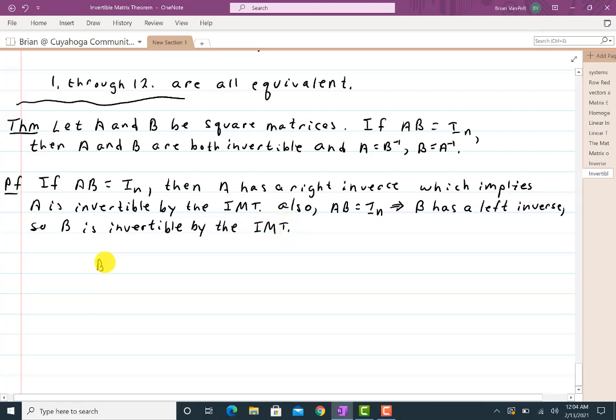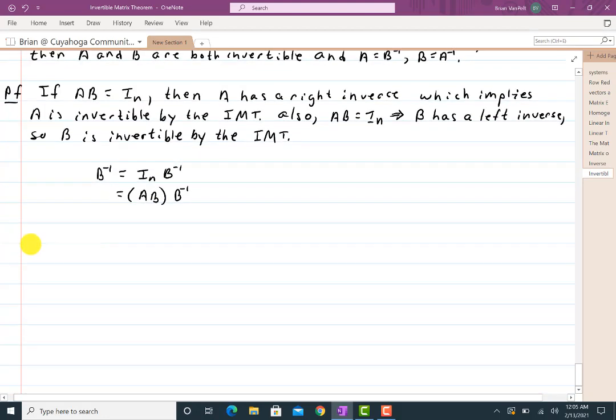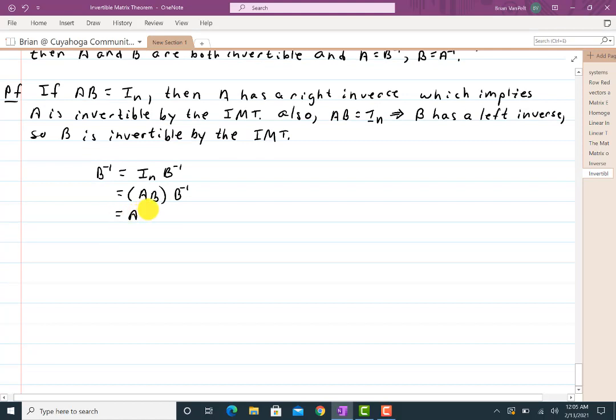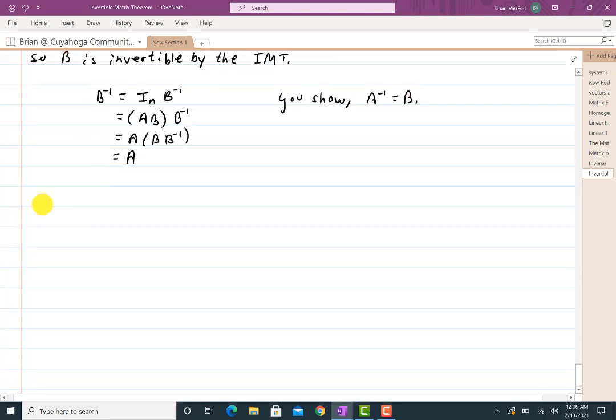Next we have this, B inverse equals I_N times B inverse, and I_N was equal to AB, and I'll regroup, A times B inverse equals A. So B inverse is equal to A. You show that A inverse equals B using almost identical reasoning as I just did.